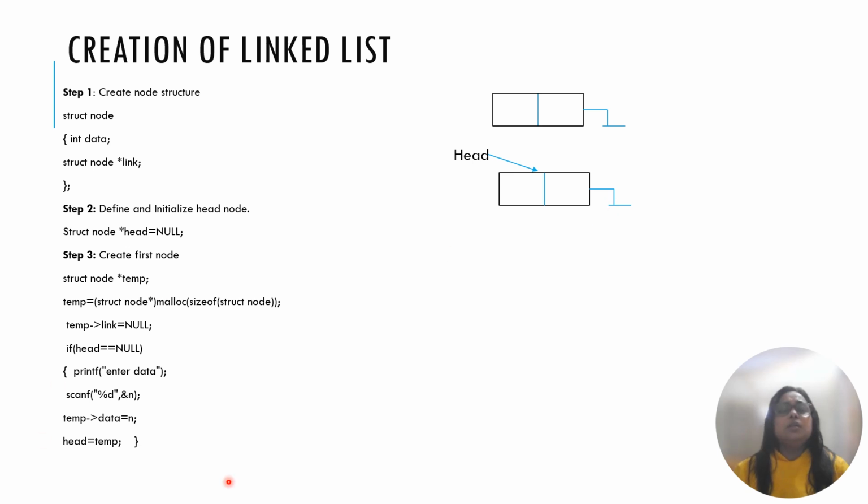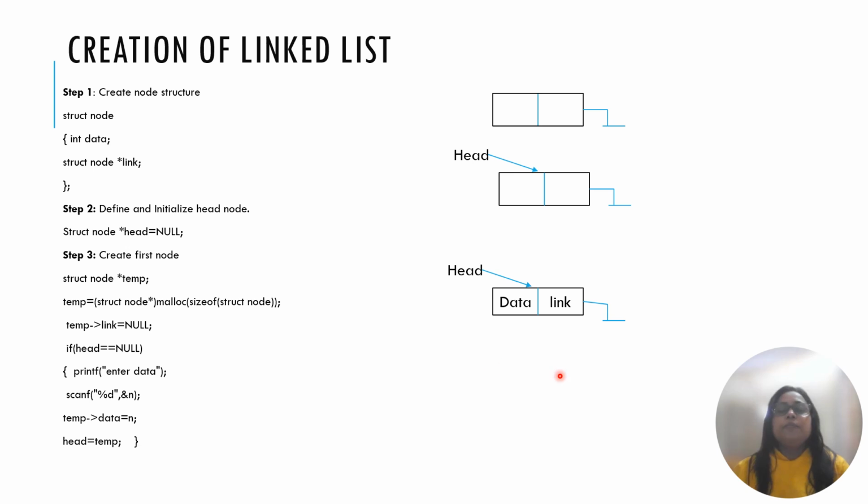At first this link will be null. Then head, at first head was null. So if head is null, then you have to take the data from the user. Then temp->data equals n, means through n you are inserting data. Then head equals temp.